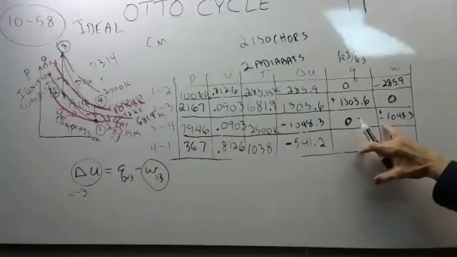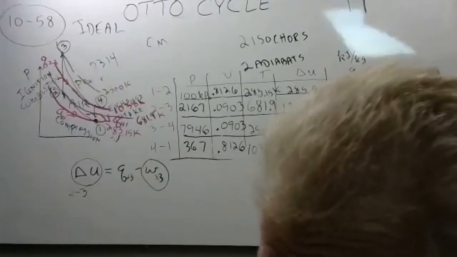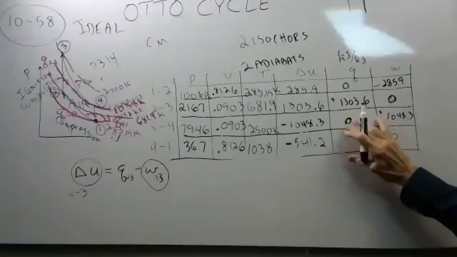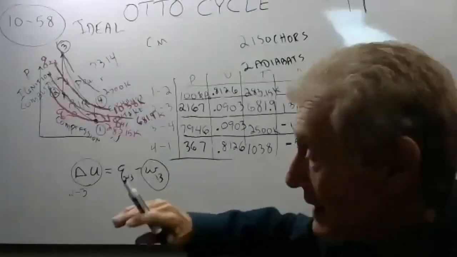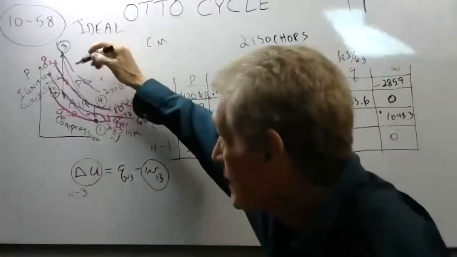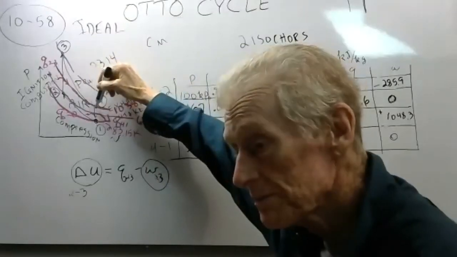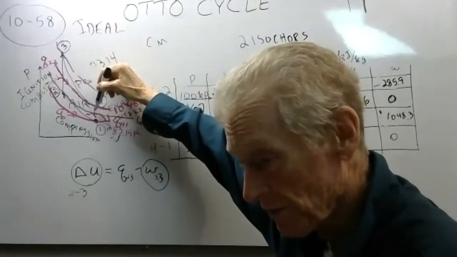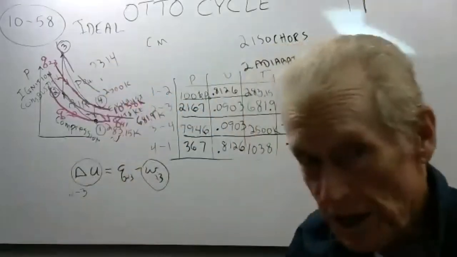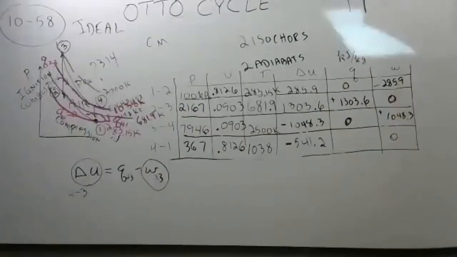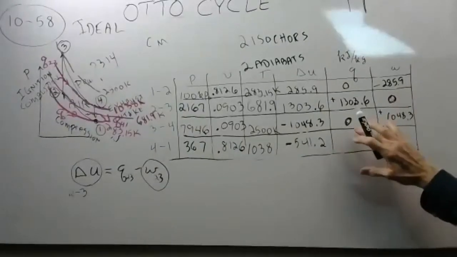You got a 50-50 chance. Positive. You got it. Good. Jolly good, Parker. It's positive. Now here's why. Can you see going from 3 to 4 is expansion? Expansion work is positive. Compressive work is negative, but expansion work is positive.